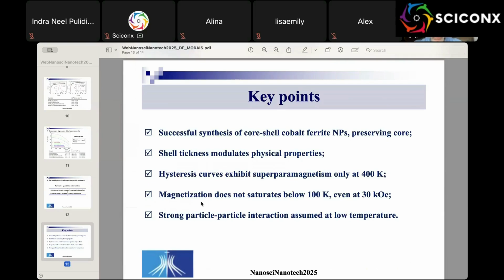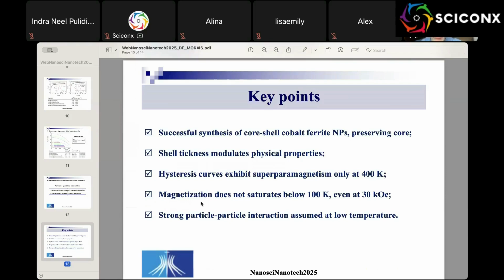The second point is that the shell thickness indeed modulates the physical properties, in particular the magnetic properties, of this collection of nanoparticles, and it modulates them in a very systematic way, which is a very important point.